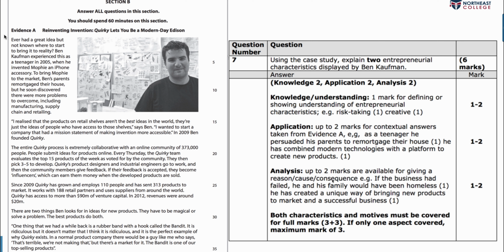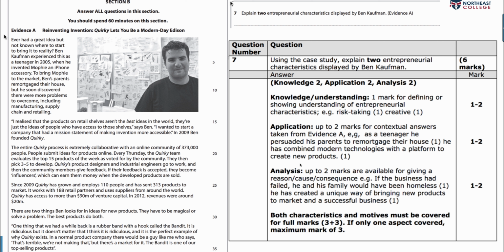Consequences: as a result of this, what happens to the business at large? It says if the business had failed, remember we're still making reference to the risks, these 2 things that we talked about. If the business has failed, that's the consequence. If the business has failed, he and his family would have been homeless.